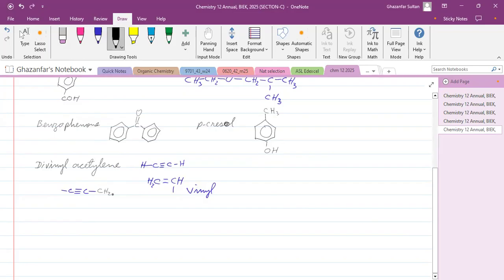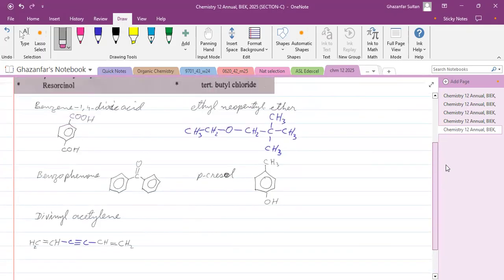So one vinyl is here, there is a double bond, and another vinyl is there. So this is divinyl acetylene. That was the rough work, so we should remove this.